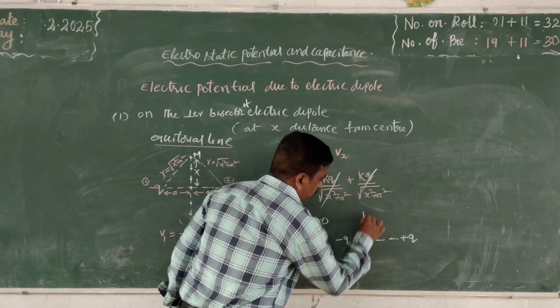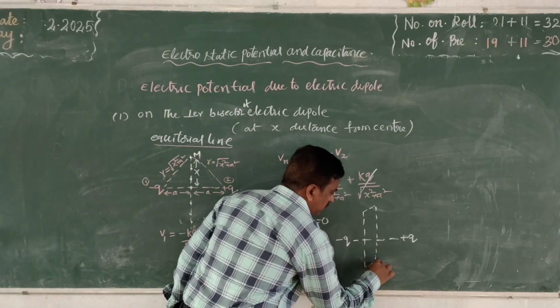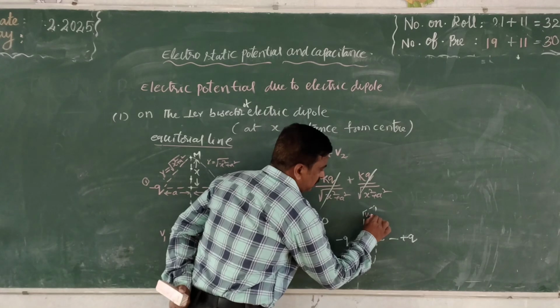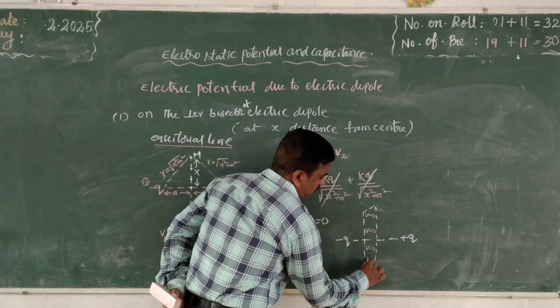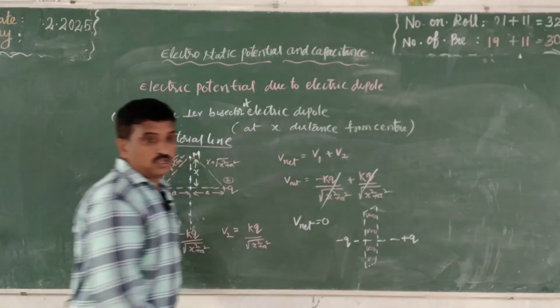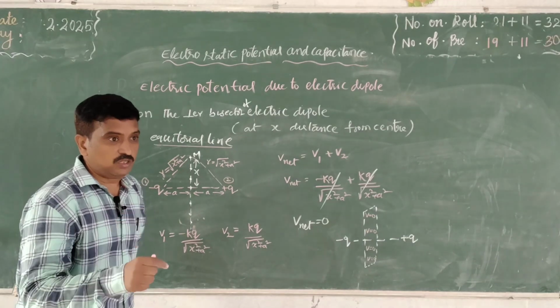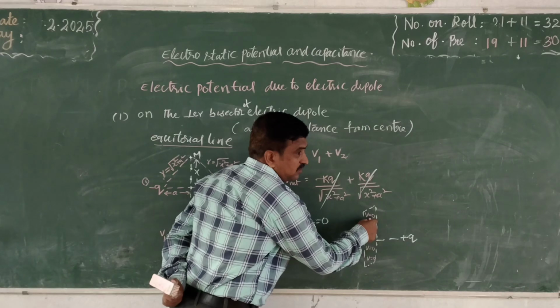In this plane, the potential is the same everywhere. Here potential 0, here potential 0, here potential 0. This means the plane which bisects the electric dipole perpendicularly has the same electric potential.